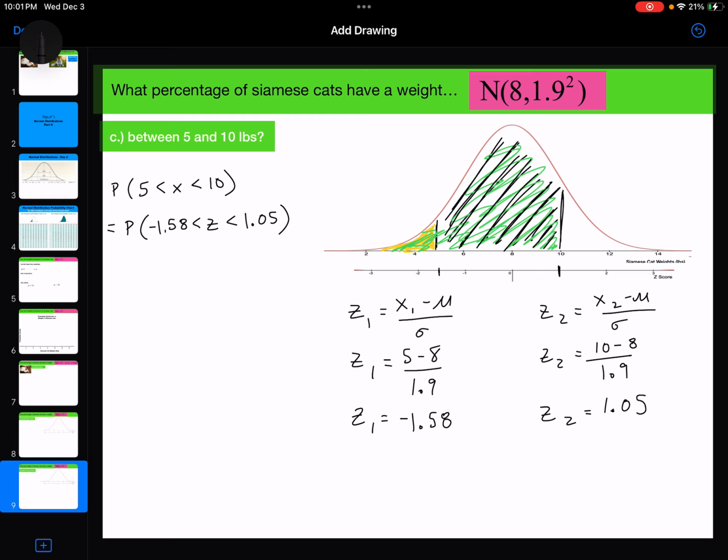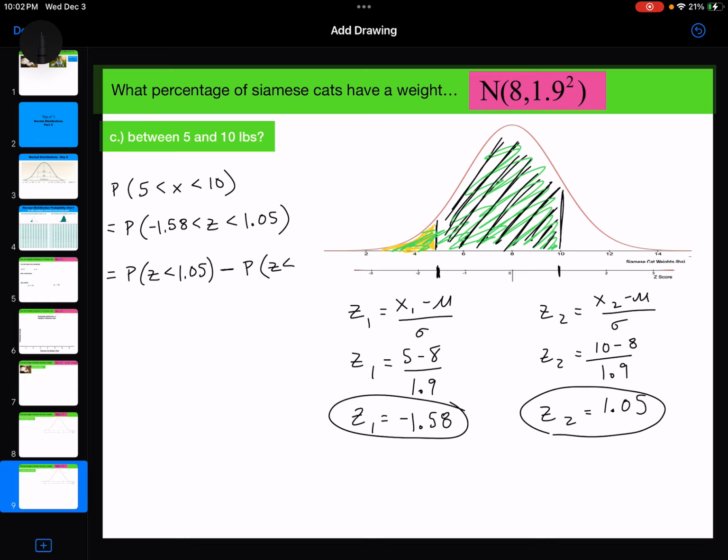All right, hopefully some of you can get that idea. We first need to look up the green area and subtract the yellow, and that's going to give us the black. Okay, so the green area was the probability that z was less than this second z value of 1.05. And then we're going to subtract the probability that z is less than this first z value of negative 1.58.